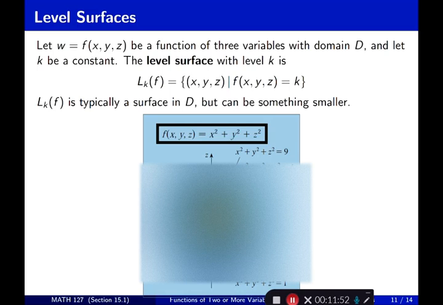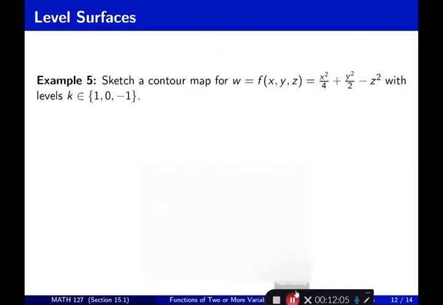And so these are the level surfaces of scalar functions of three variables. So in the last example, the level surfaces were very familiar.